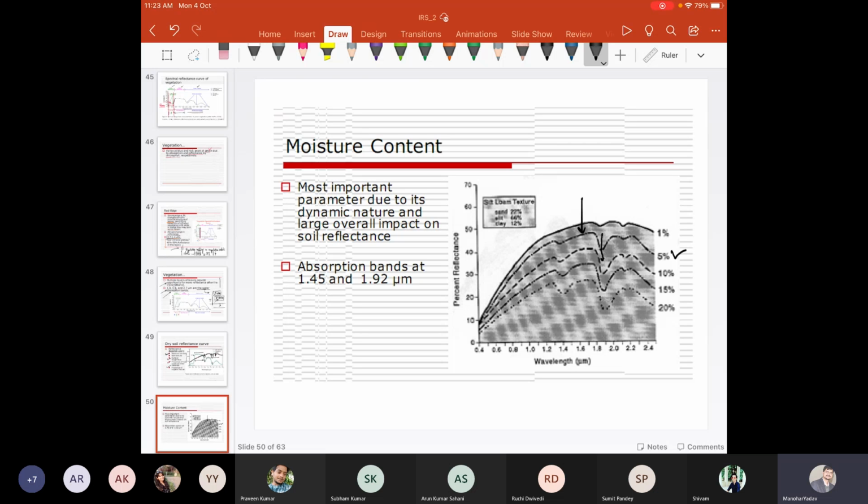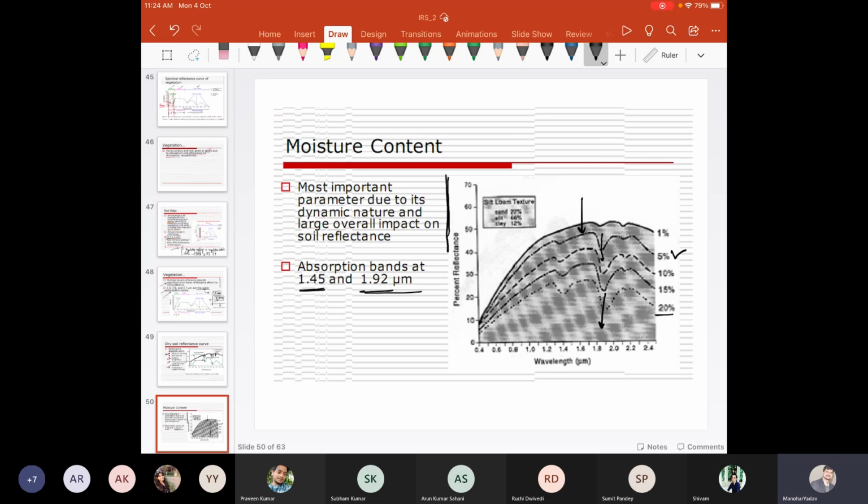Similarly, when you keep on increasing the moisture content to 20%, you see over here a valley at 1.9 micrometer. The absorption bands are noticeable over here, at 1.45 and 1.92 micrometer. And it is an important parameter due to its dynamic nature and large overall impact on the soil reflectance.